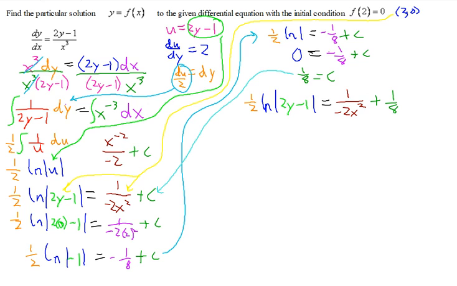All right, then from here we're trying to solve for y again. This time it's inside the logarithm. So first we have to isolate the logarithm, and you can do that by multiplying the whole equation by 2 to wipe out the 1/2.